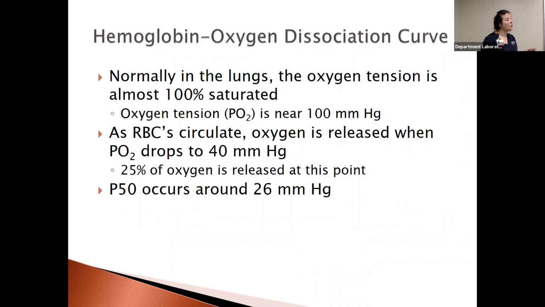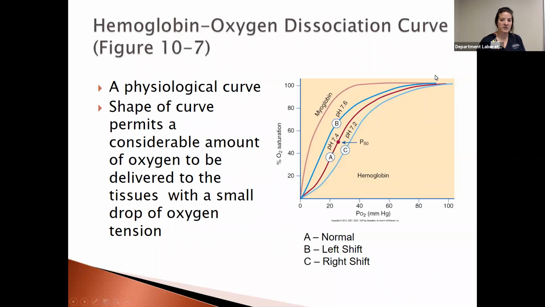Just remember, normally in the lungs, the oxygen tension is 100% saturated. The hemoglobin molecule is going to be fully oxygenated, four molecules of oxygen. If you look at your chart, this is in your lungs right here, so you have about 100% saturation.